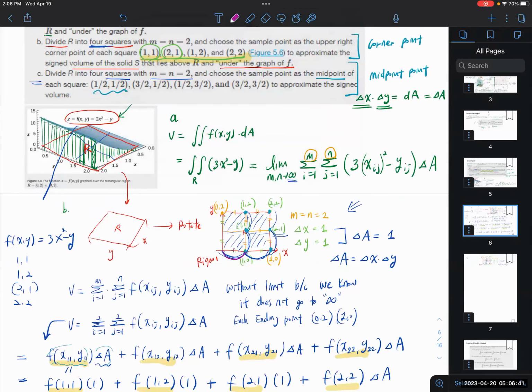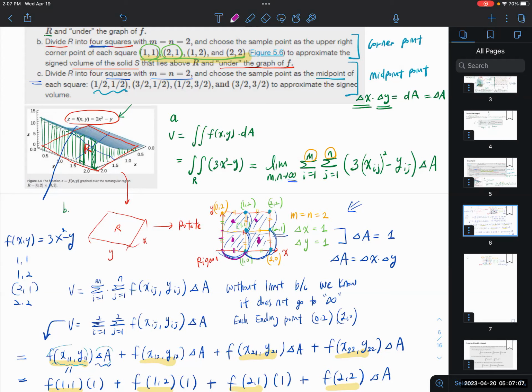So here, the middle is here. 0 and 1, the middle is 1/2. 0, 1, the middle point is here. So they're choosing the middle point in each square instead of using the corner, because it doesn't matter. You have so many points in this region. They are trying to change their perspective to find out the volume.